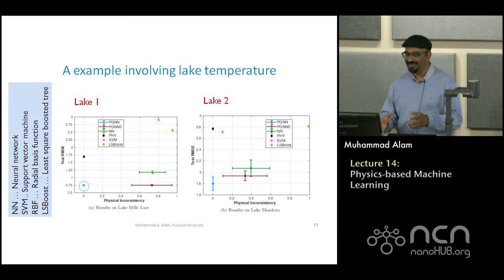Look at where this is. This means it does not respect physics very much, nor does it have too low an error. Maybe if you made the network even deeper, with 600 layers, maybe it would have done better, but this is where things are.